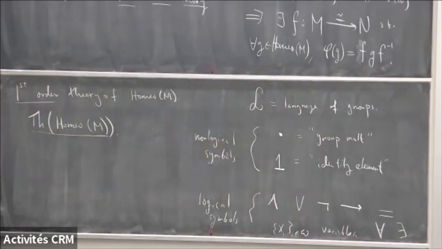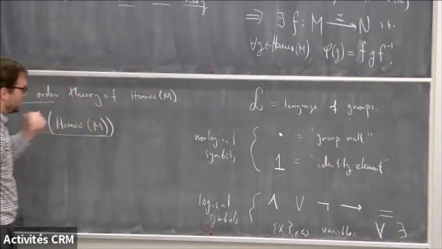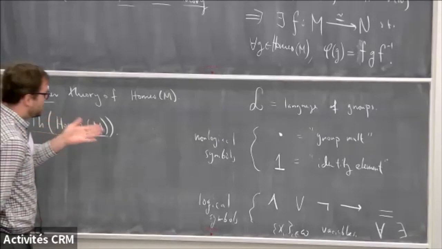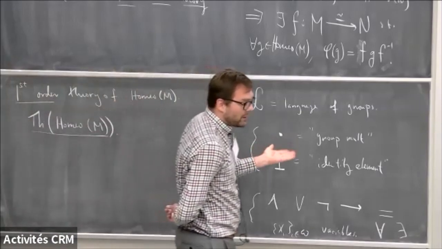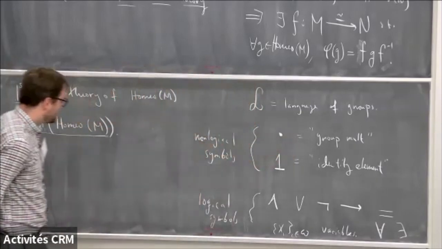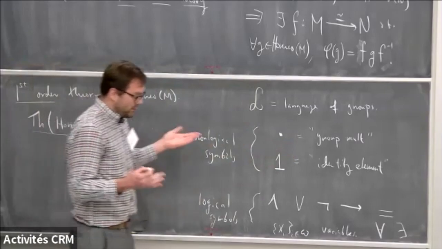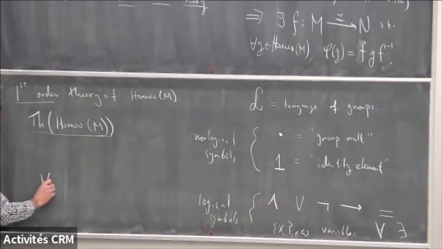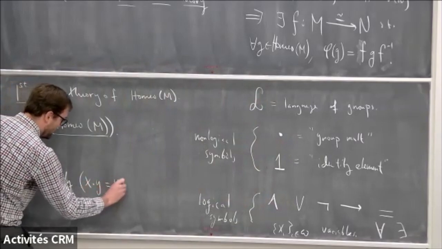To talk about precise definitions of everything I said here in terms of model theory would eat up all my time and more. So maybe I'll just give one example of a sentence which means something meaningful in group theory, which may or may not be in the theory of some group. For instance, if you wanted to say that this group is abelian, then you might say: for all x, for all y, x times y is equal to y times x.